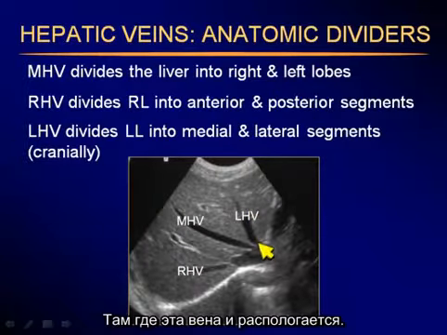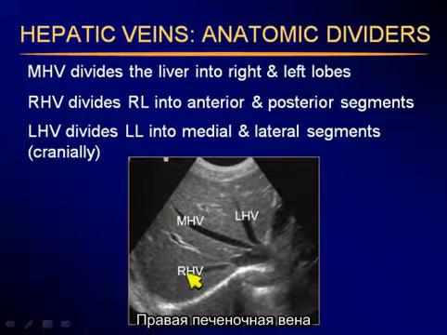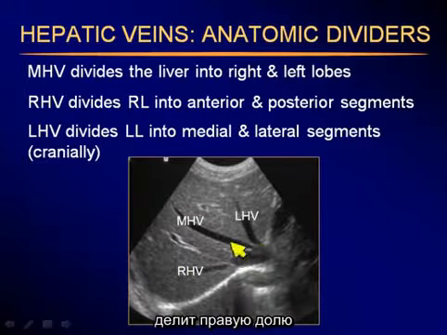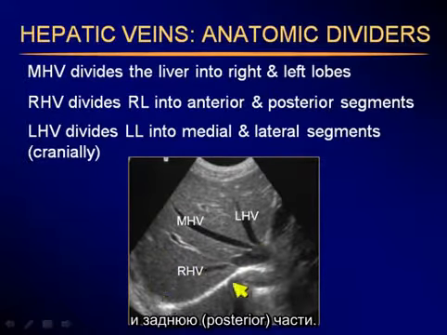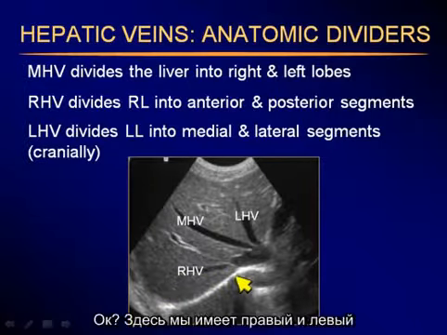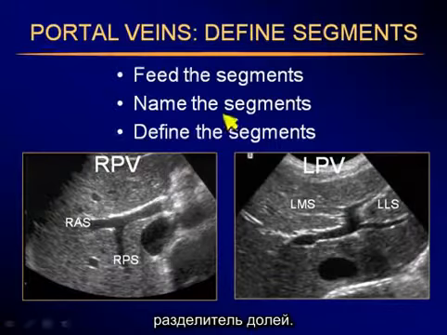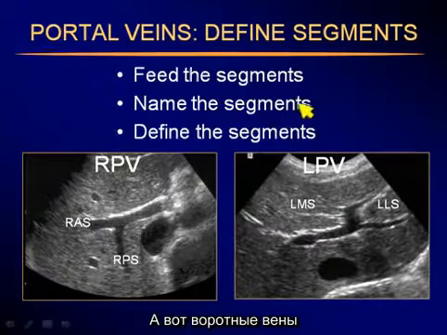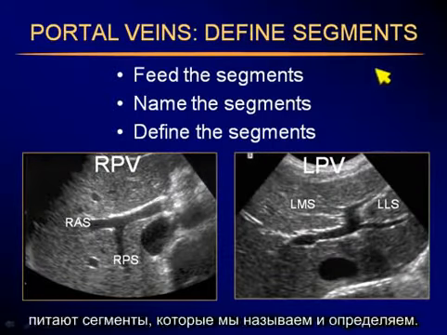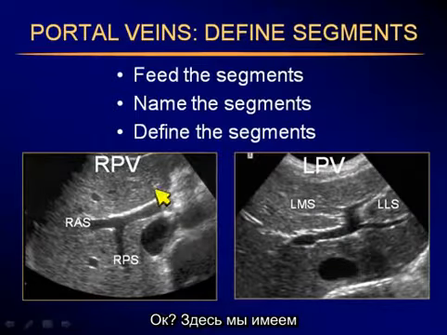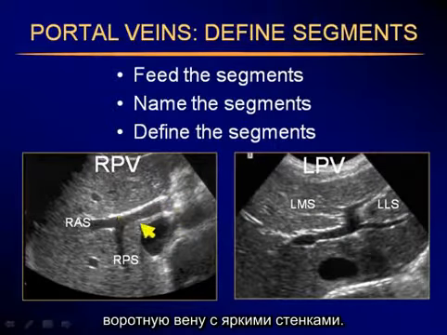That's where the hepatic vein is. The right hepatic vein divides the right lobe into anterior and posterior sections. Okay, so now we have right and left lobes divided. Now the portal veins, they feed the segments, we name the segments, and they define the segments. Okay, so here we have a portal vein with bright walls.